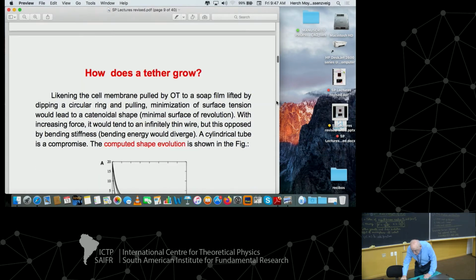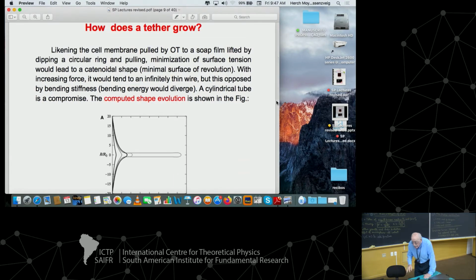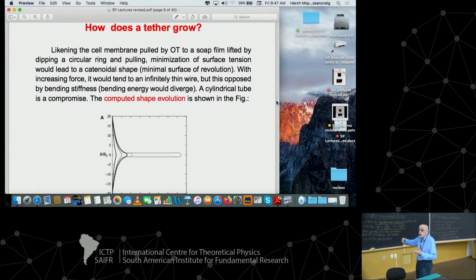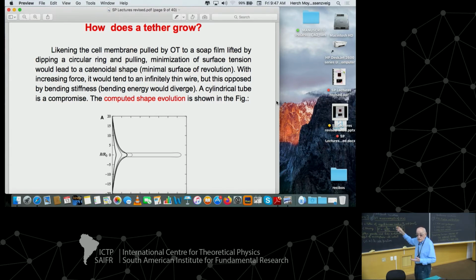Okay, but before discussing that, we can ask, how does the tether grow as you are pulling? Now, the cell membrane, as a rough approximation, may be thought of like a soap bubble, okay?